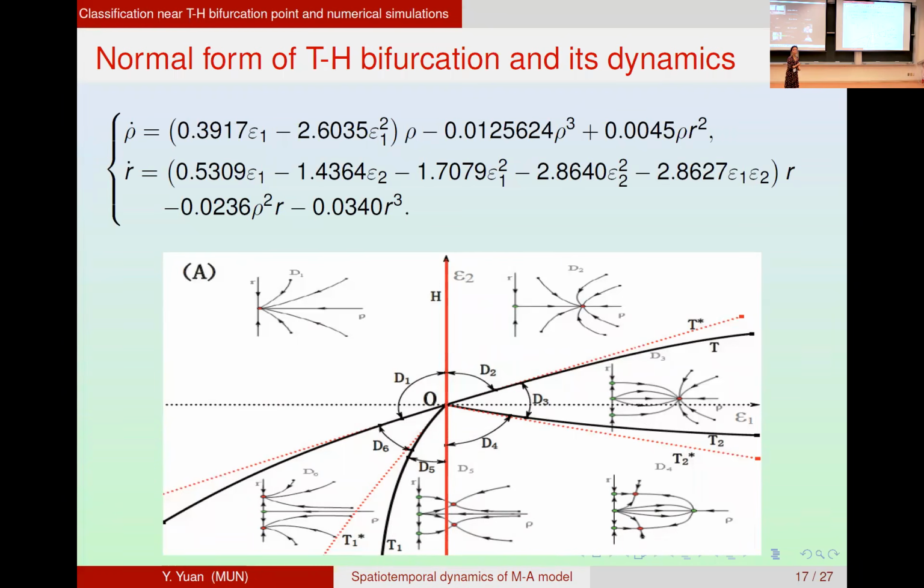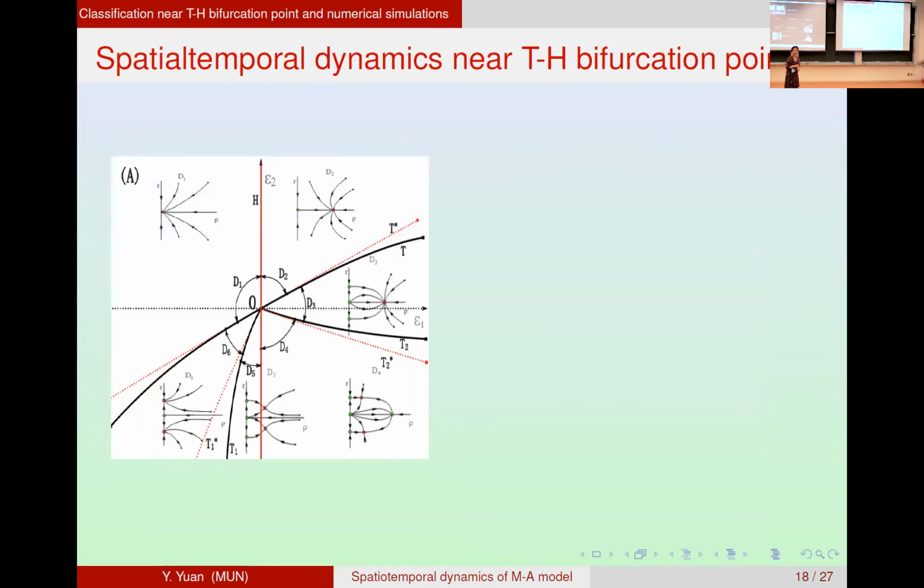Actually, we can see some numerical simulations. The first one shows the stable state, stable steady state or stable periodic solution. Here we have 4 types of stable solution.